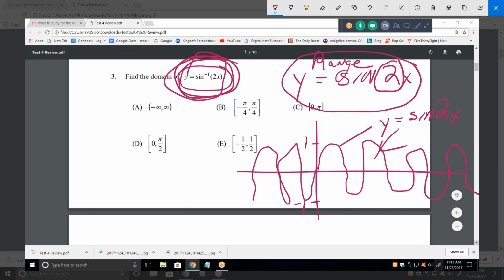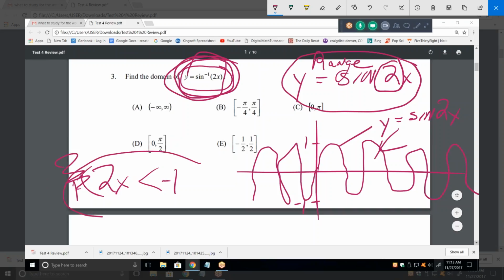So we can say that 2x has to be less than or equal to -1 or greater than or equal to 1.